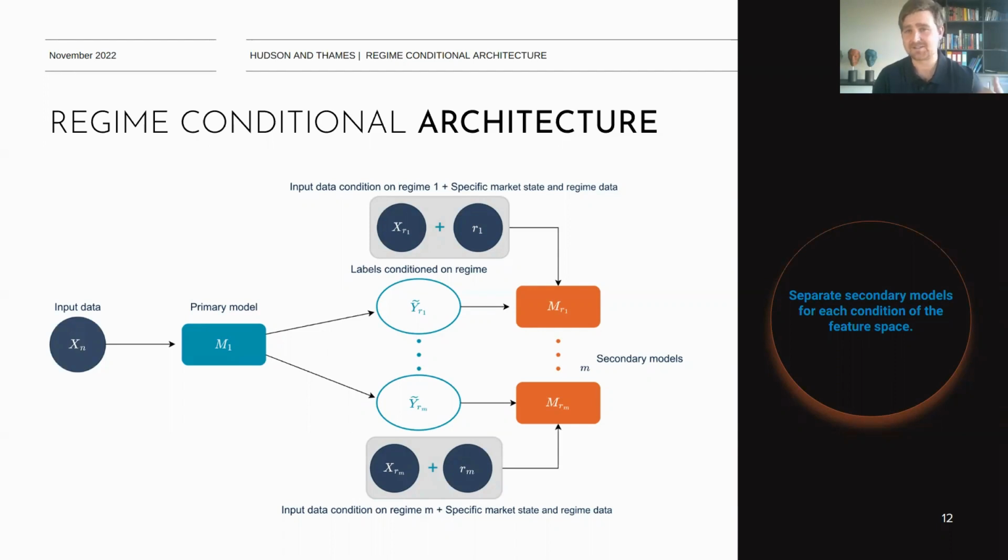But if volatility spikes, if it's a high market distress and there's high volatility, the strategy probably won't perform well, right? And the idea is that you want to separate again these models into different sets of the feature space, so that you can specifically model the interaction between them.